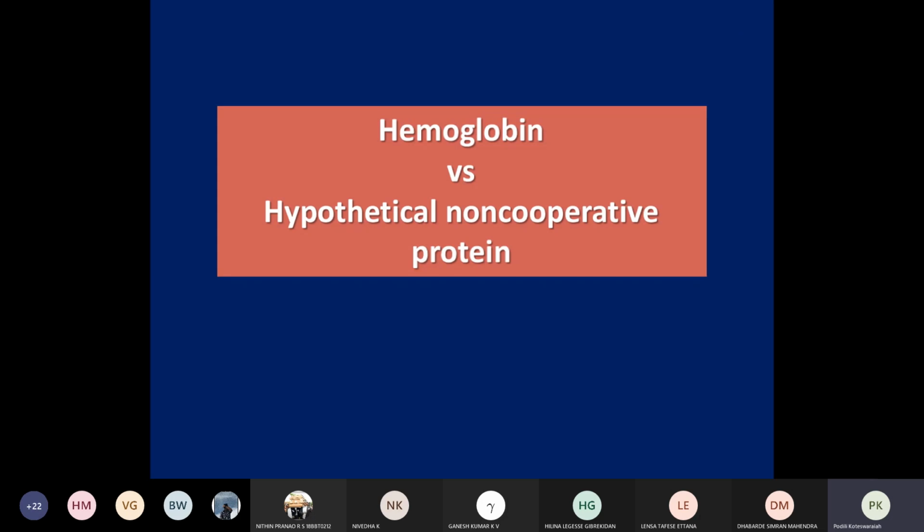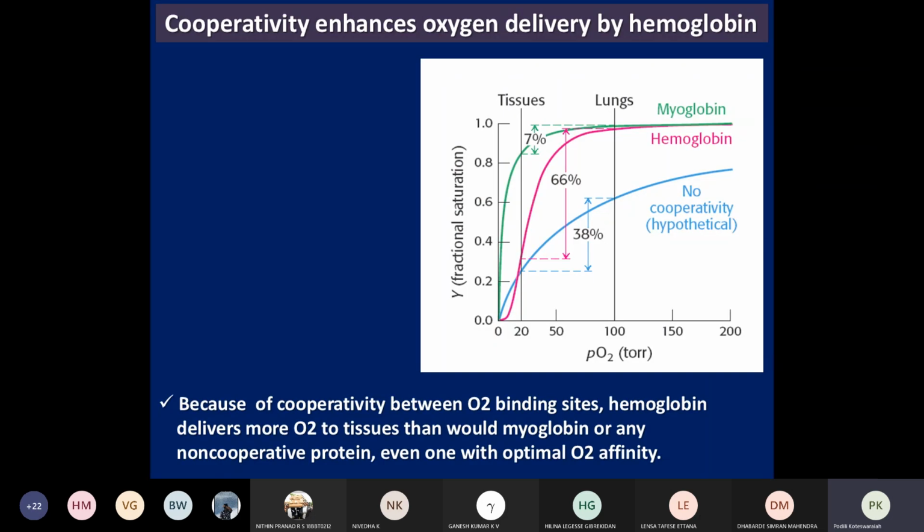Now, as I already said, why is hemoglobin a good cargo to transport oxygen compared to other proteins? In order to understand that, we need to look again at the O2 dissociation curve for hemoglobin, myoglobin, and also a hypothetical non-cooperative protein.